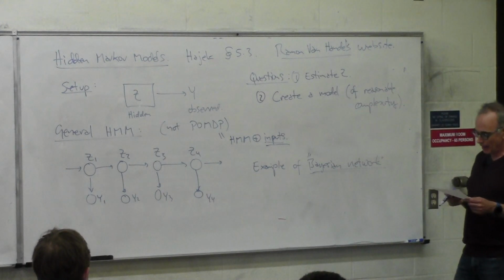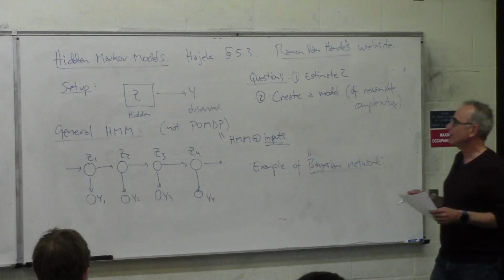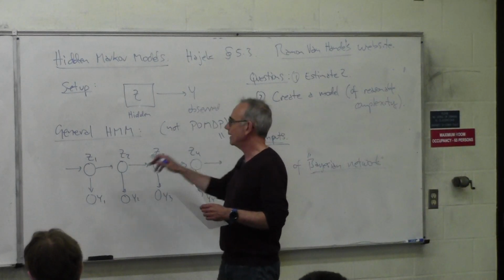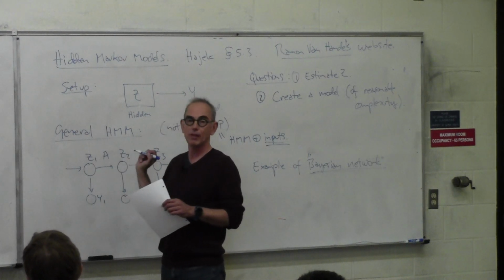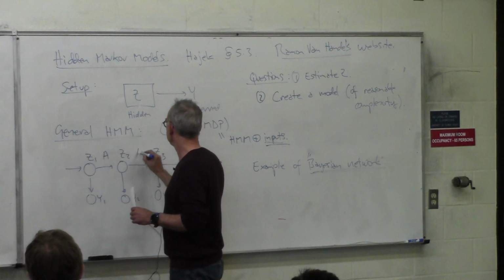All right, but then it's Markov because Z is a Markov chain, and I think Bruce and I are both going to use A for the transition matrix.